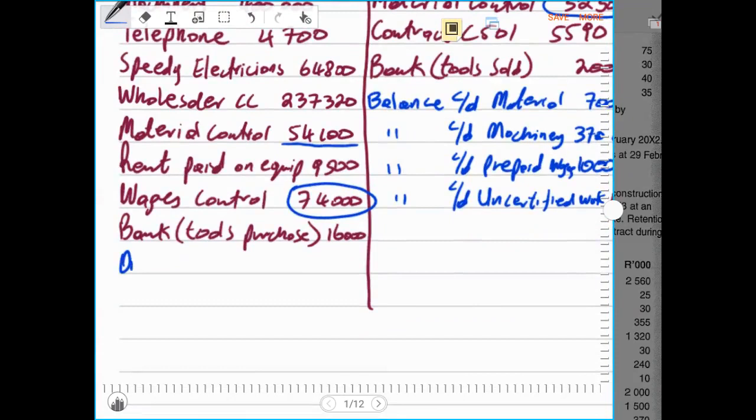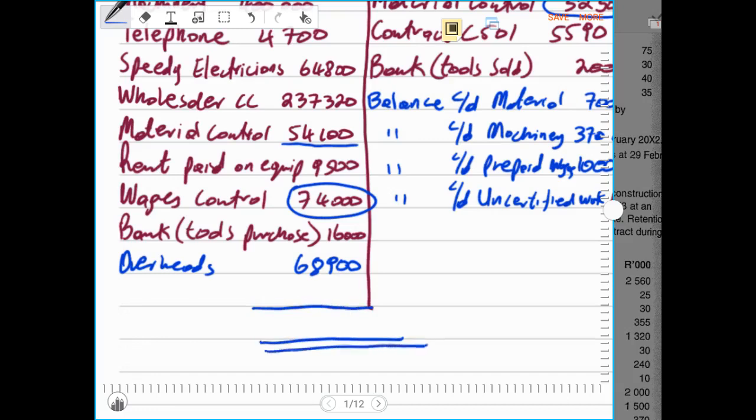Then we record that as overheads. 68,900 are my overheads.